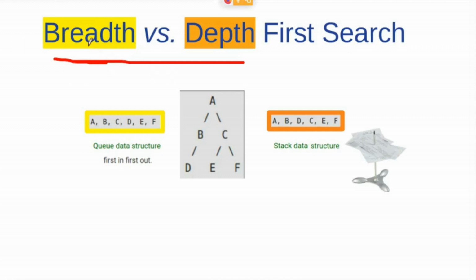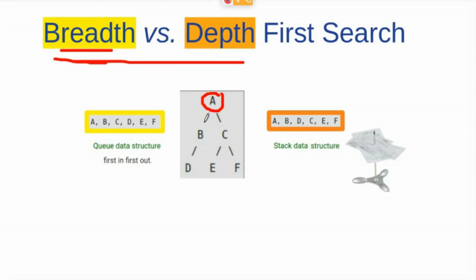The following is that breadth, as you can see here. We start here at the top of this graph, right? So A is connected to B and C. Can you see here? So the breadth is marked here in yellow.